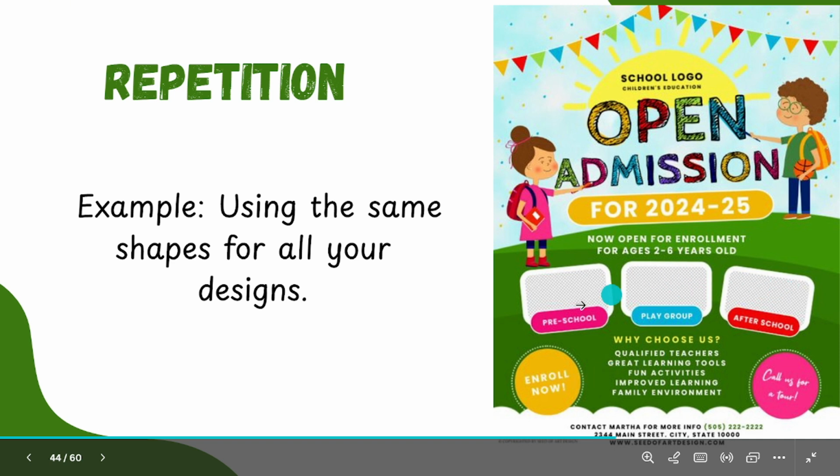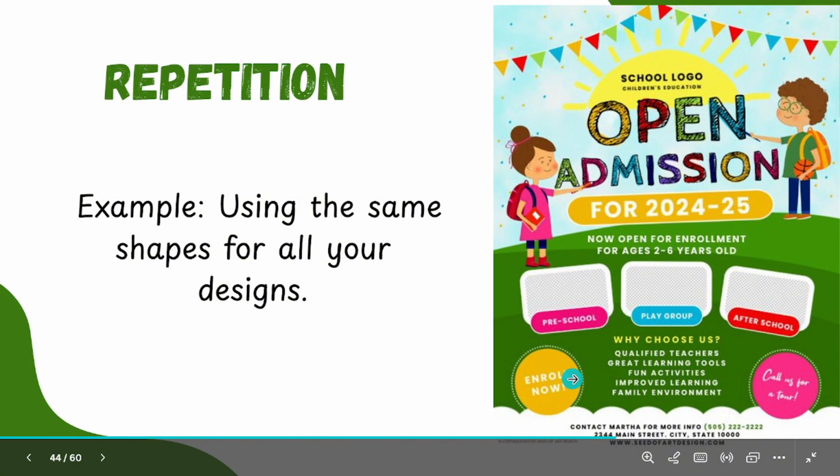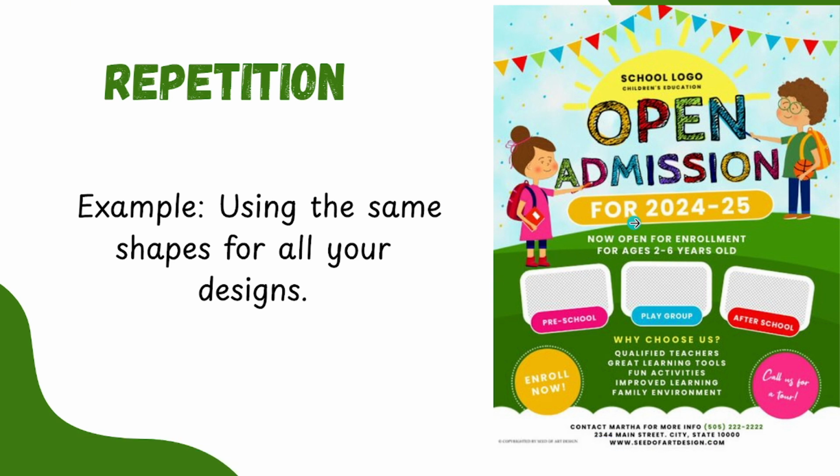No, they repeated the shapes. The same thing for the ones under it. They repeated it. Then if you look at the circle here too, they repeated the circle. Do you understand? So in design, it's always advised that you repeat the elements you are using to work, like shapes and colors.